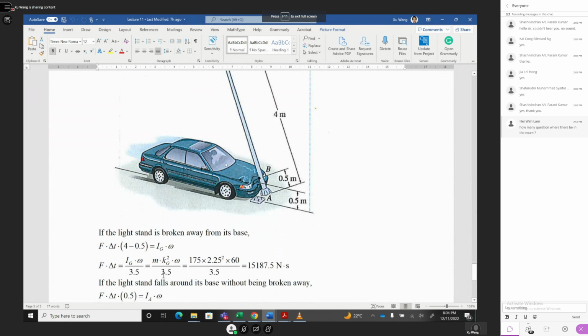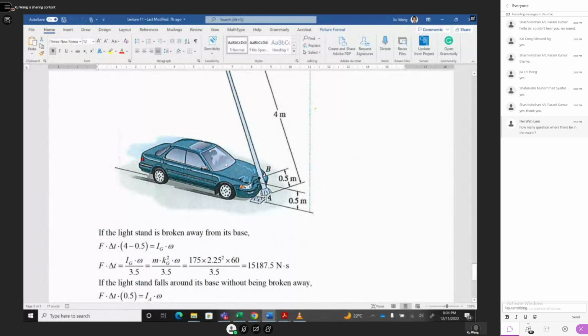Ig equals m k squared omega. So you divide by 3.5, 4 minus 3.5, and then you should be able to get the impulse momentum equal to 150,187.5 Newton meter straight away.